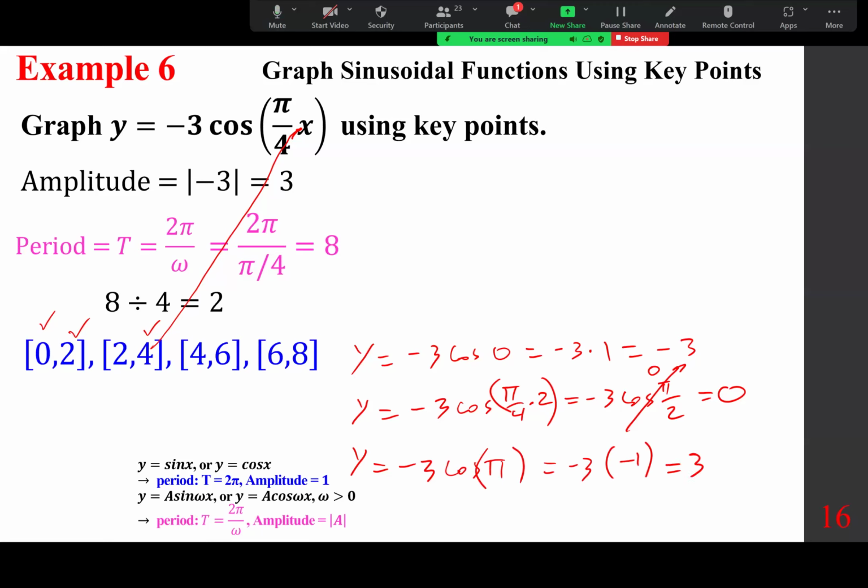If I plug in 6, I get y equals minus 3 cosine of 6 times pi over 4. Cosine of 3 pi over 2 is 0. I get 0.